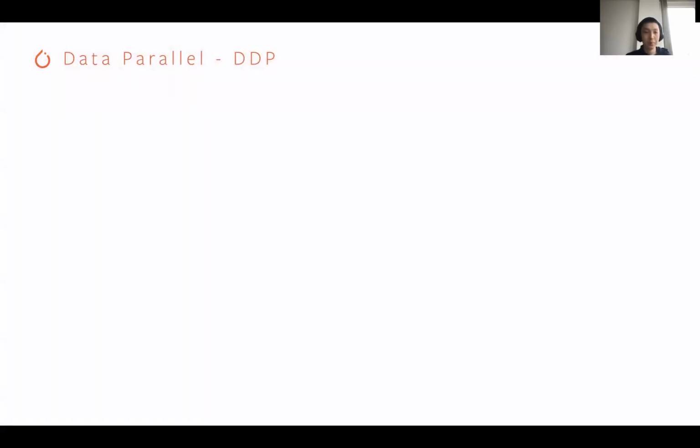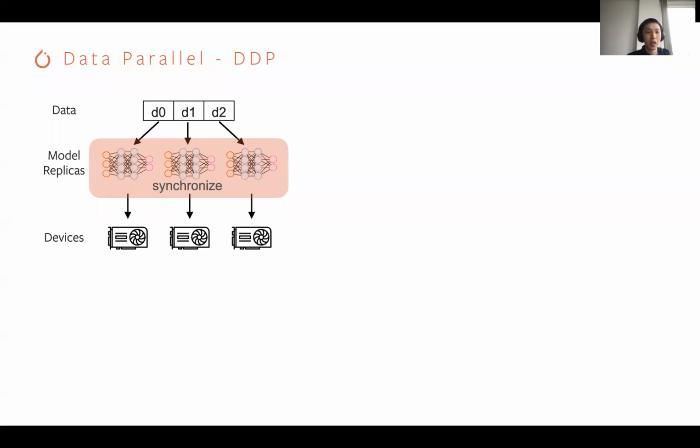As I mentioned before, DDP is data parallel, which addresses the problem where data is too large and we need multiple model replicas. Each device hosts its own model replica. In this example, we have 3 model replicas and 3 devices. The input is divided into 3 splits so that each model replica can independently process its own input split in the forward pass, then call the backward pass to generate the gradients and update its parameters independently.